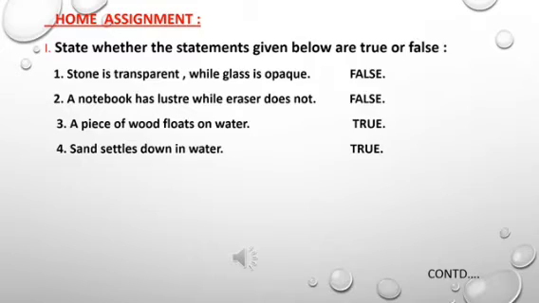A notebook has luster while eraser does not. Answer is false. Third one, a piece of wood floats on water. True. Fourth one, sand settles down in water. Answer is true.